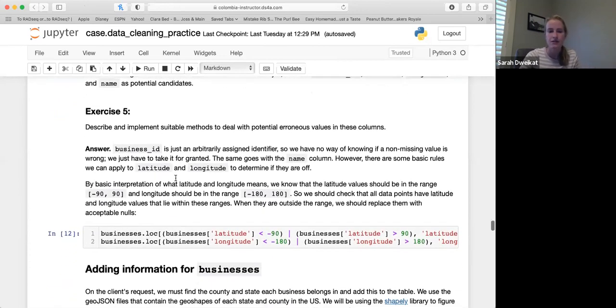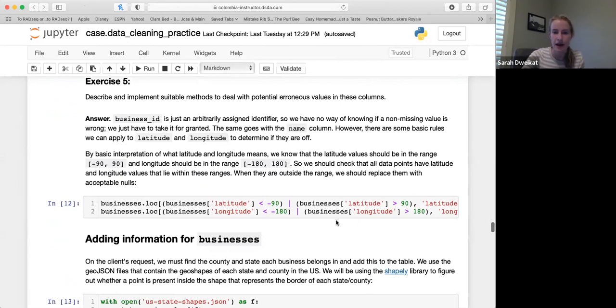Okay, so here is our code. There were some posts in the live chat about figuring out what the range actually is for the latitude and longitude, which was absolutely correct. So our range for latitude values should be between -90 and 90, and longitude is between -180 and 180.